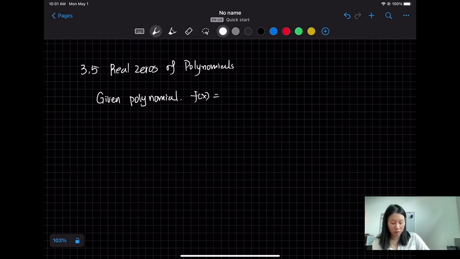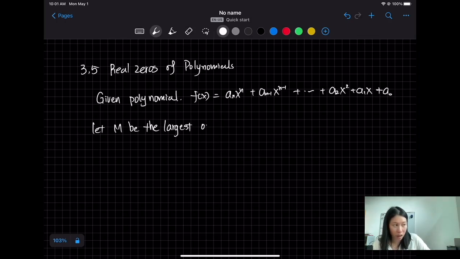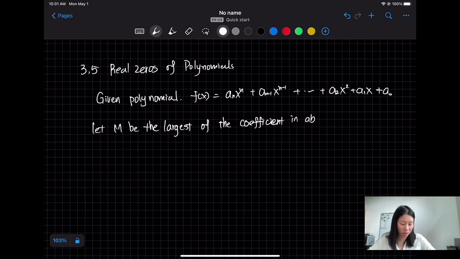f(x) equals a_n x^n plus a_(n-1) x^(n-1) plus ... plus a_2 x^2 plus a_1 x plus a_0, and let M be the largest of the coefficients in absolute value.